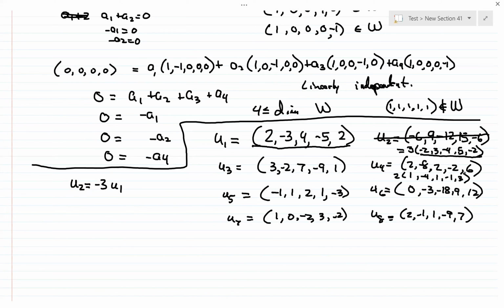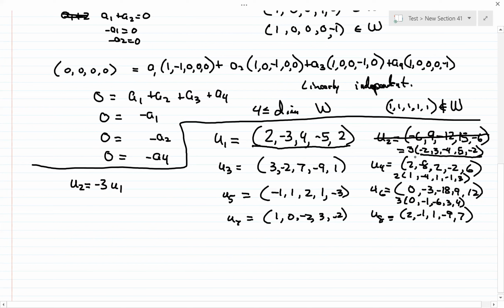And I guess there's some other things I can factor out. So from this one, I can factor out a common factor of 3. And so I'm trying to use the same kind of observation that I used to get rid of U2. So 3 coming out would be what? 0, -1, -6, 3, and 4.